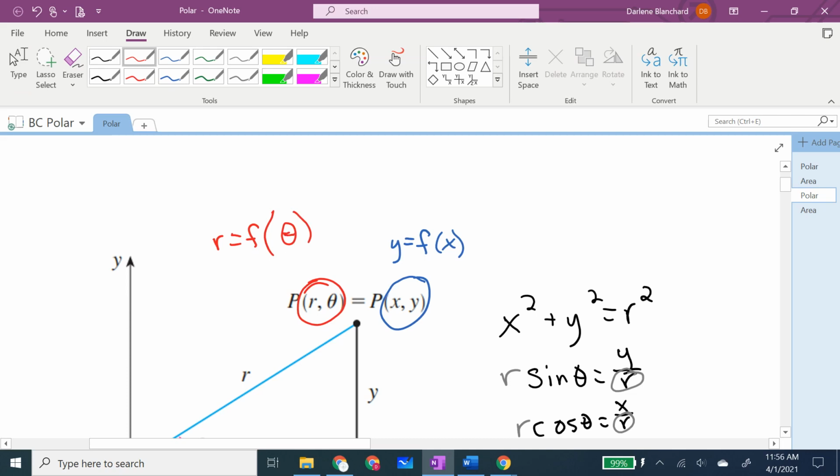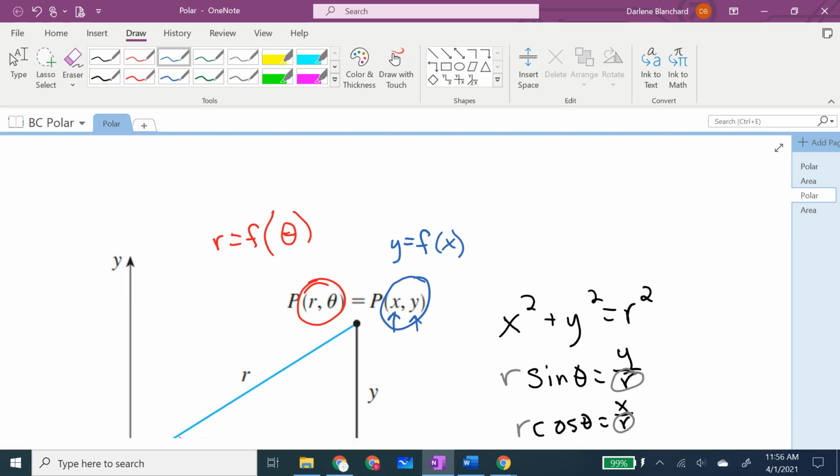Very important, look at the ordered pair r theta, look at the ordered pair xy, and understand very clearly that we are used to the first of the ordered pair being input and the second of the ordered pair being the output. That reverses with polar, but you can also think that it's assigned alphabetically. X comes before y in the alphabet, r comes before t in the alphabet because that is theta.